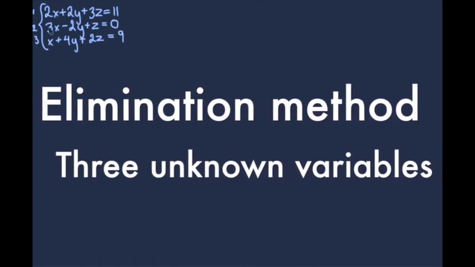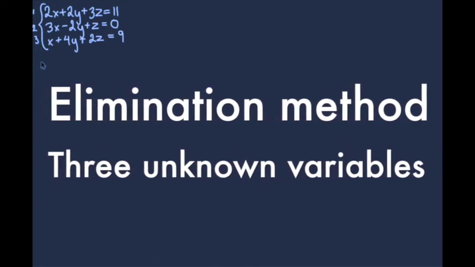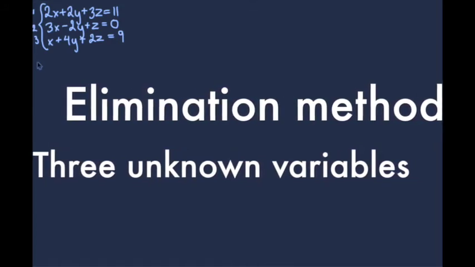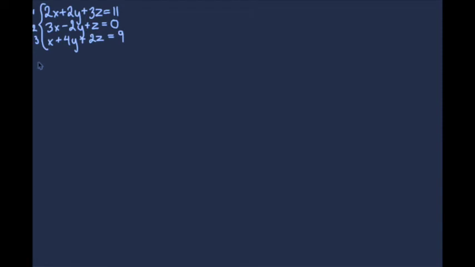Now we've got 3 equations with 3 variables in each, and to solve this we use the elimination method. At first, we have to eliminate one of the variables in equations 1 and 2, and to make it easy, we choose y.